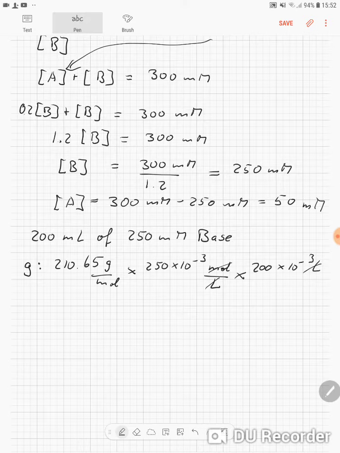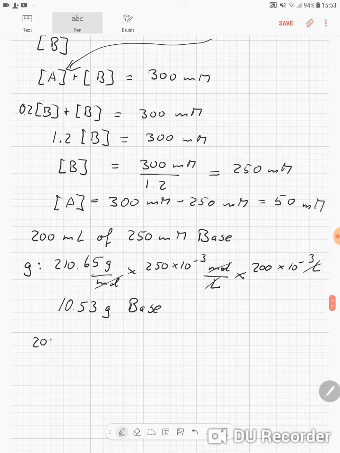The units cancel out apart from the grams, and if we multiply that all with each other, then we get 10.53 gram of base.